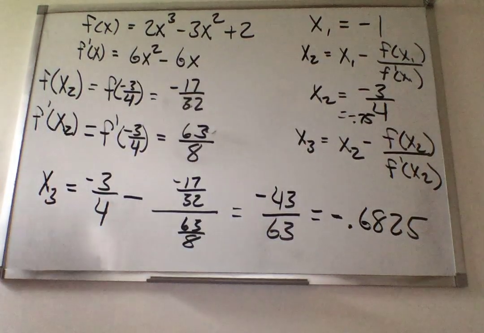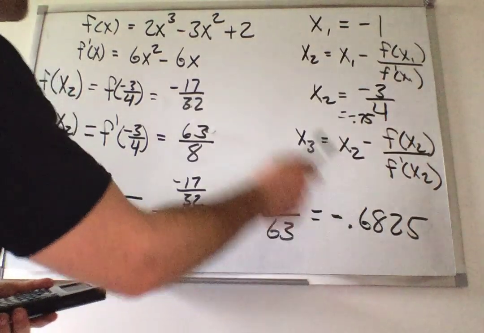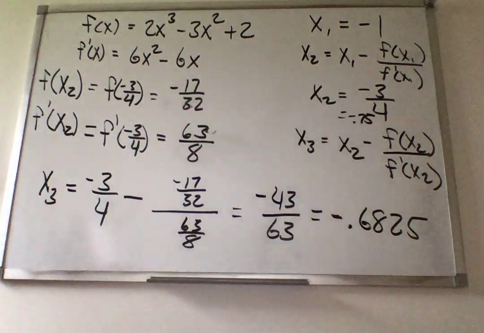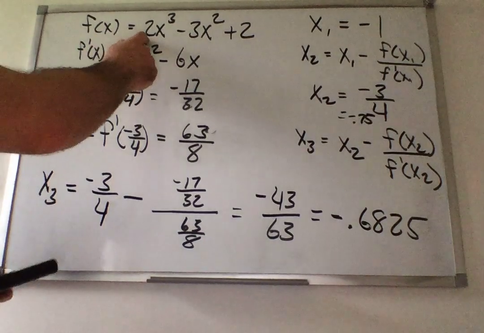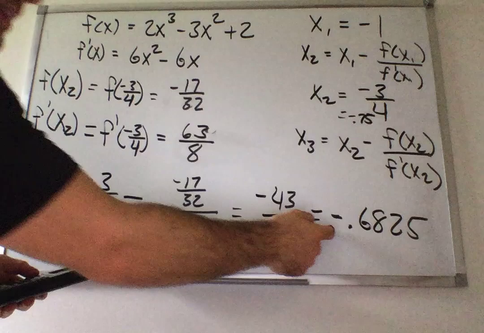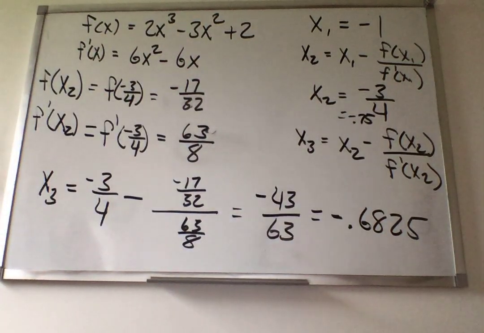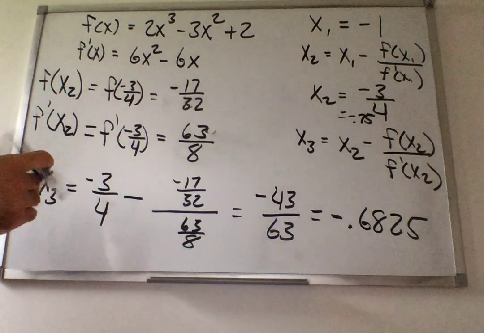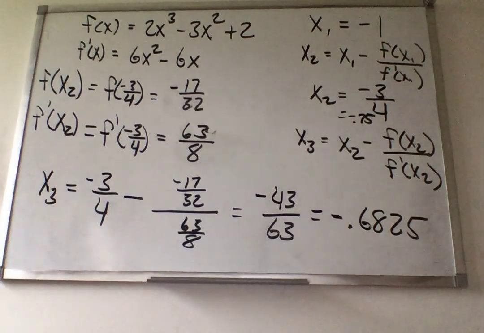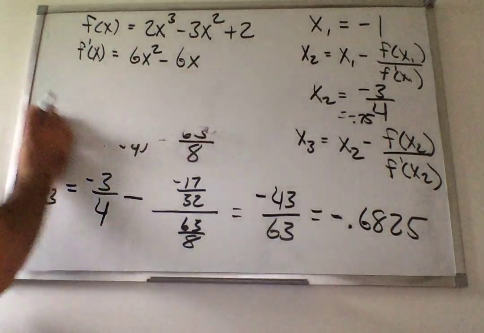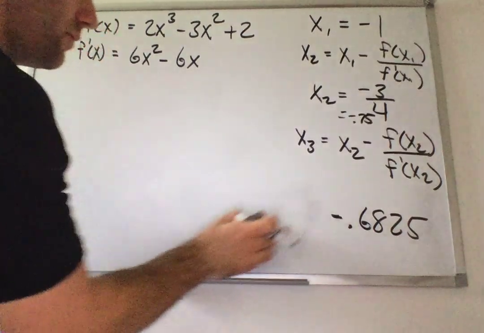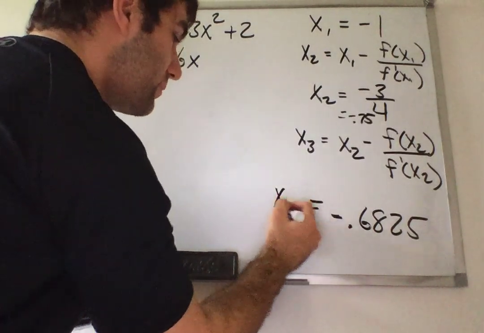Now, let's go ahead and test it. Let's take this value and plug it into the original equation. That's what I'm doing on my calculator. I'm typing 2, parenthesis, this number, parenthesis, cubed, and plugging it in. So here's my x3.